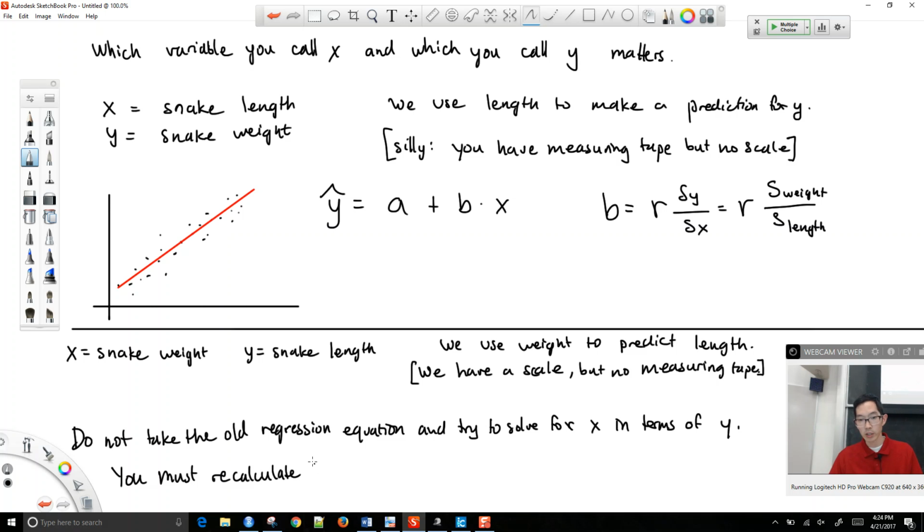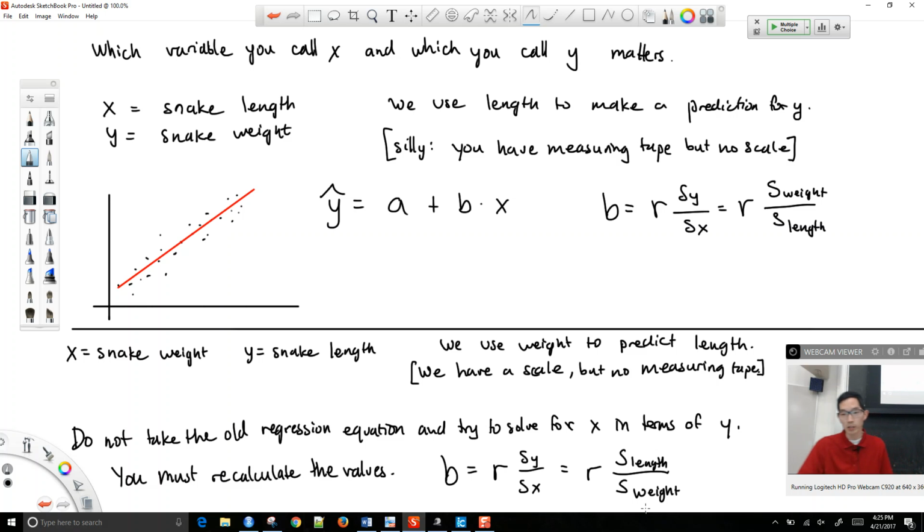You must recalculate the values. So in this case, our slope b is r times sy divided by sx, but sy this time is length. So this would be r times the standard deviation of snake length divided by the standard deviation of the weight. So you would get different slopes.